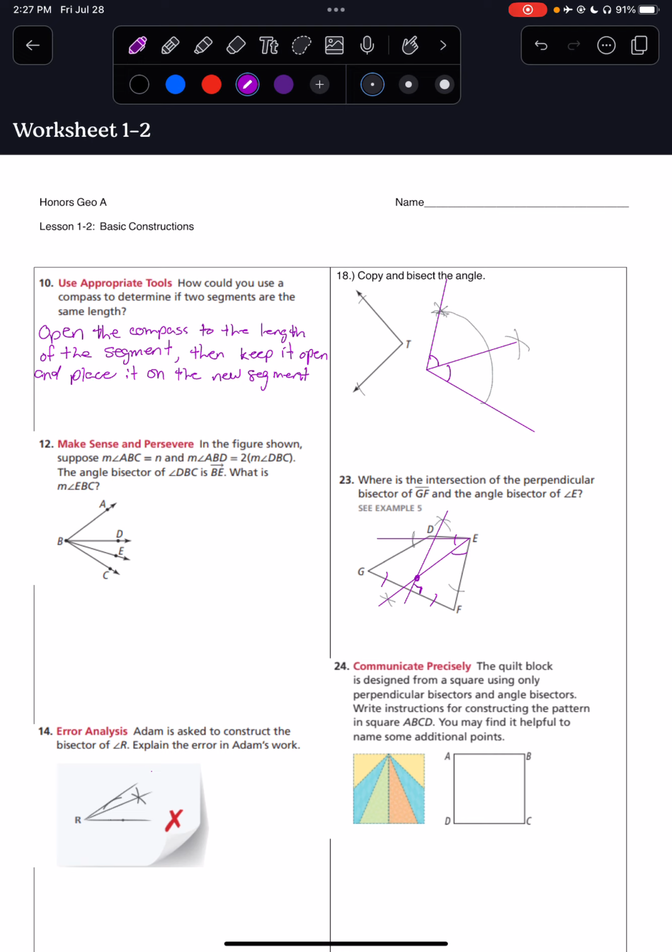To see if the endpoints match. To see if it matches the endpoints of the new segment.